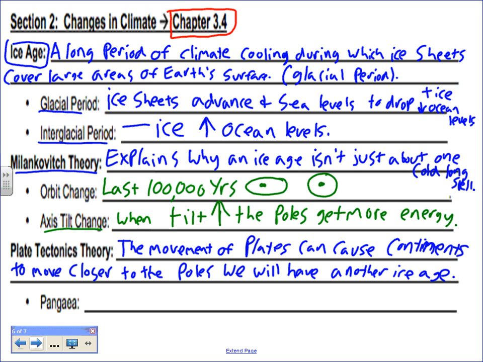And for your information, the continents, how they're located now, are not how they always have been. There was a thing called Pangea, and this was a giant landmass that was formed when all the continents were connected.